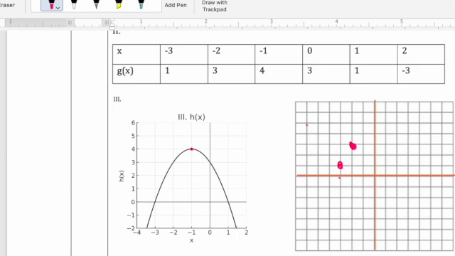Okay, and then we have at -1, it's at 4. And then we have at 0, it's at 3. And at 1, it's at 1. And at 2, it's at -3.